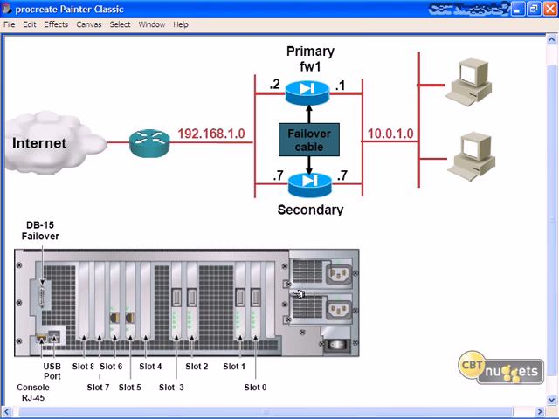Now notice another level of redundancy here. We've got redundant slots, for example, redundant interfaces, but we've also got redundant power supplies. Some of the high-end devices will have redundant power supplies, so that if one of these power supplies fails, and if you've been computing for any period of time, whether it be a workstation or a server, you know that eventually those power supplies are going to go out, either just based on the device simply running the course of its manufactured capabilities, or due to some type of power surge or lightning strike, it can knock out that power supply.